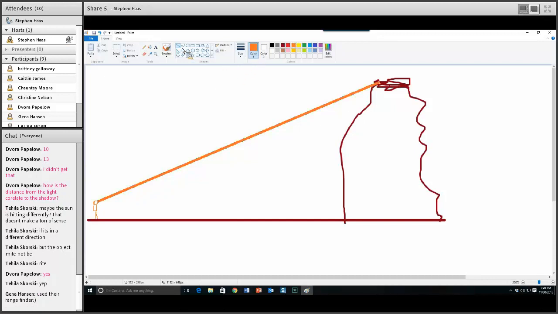So they took a stick and put the stick far enough away so that the top of the stick was precisely in line with the mountain. See what I'm saying? They just moved the stick far enough away from the person so that the line of sight went straight from the top of the stick to the top of the mountain.